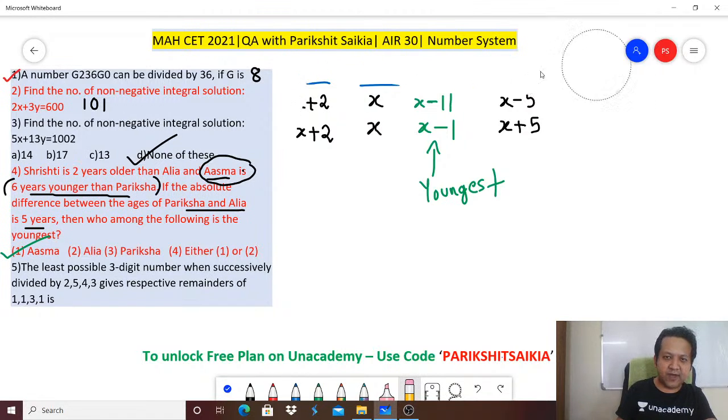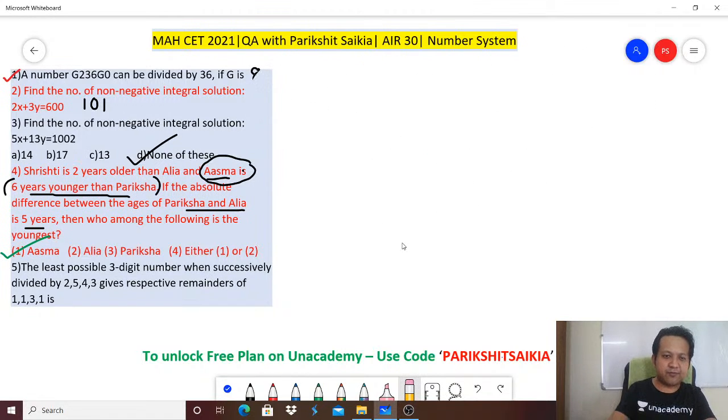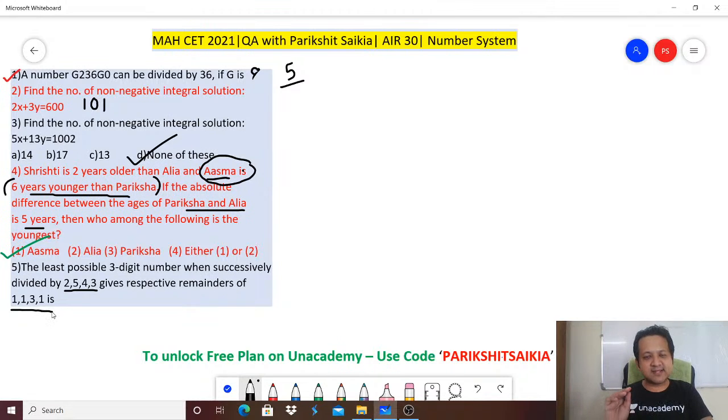Let's look at question number 5. The least possible 3-digit number which when successively divided by 2, 5, 4, 3 gives remainders of 1, 1, 3, 1. So what is it saying?